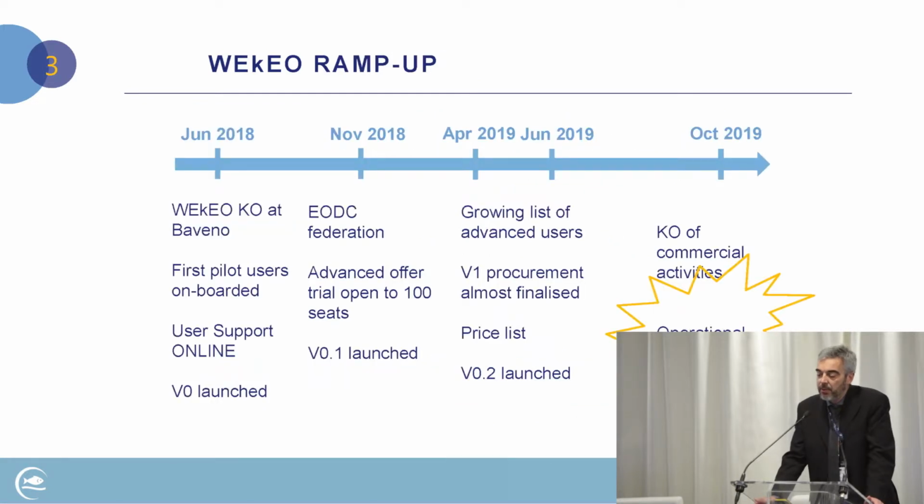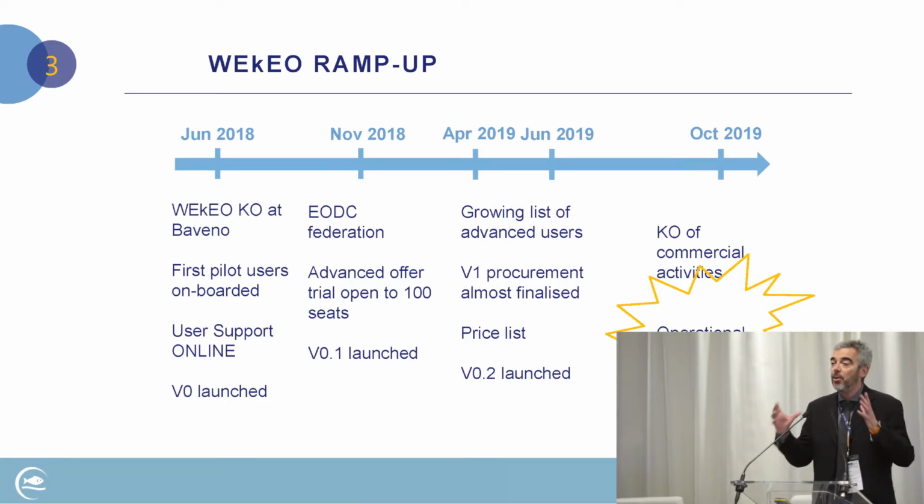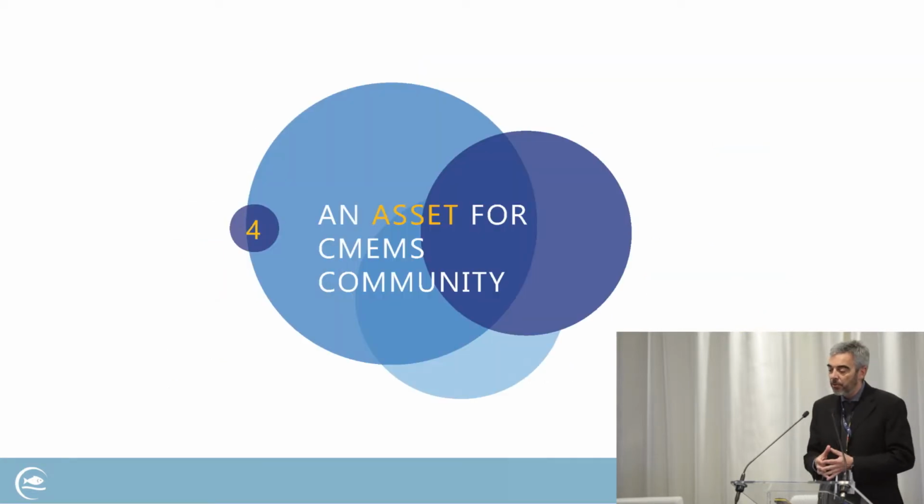What is different between WEkEO and the other DIASes is that WEkEO is not duplicating the data. In most of the other DIASes, you have one single big cloud, and everybody is copying the data inside this cloud. For us, we come from a different approach, a federated approach.